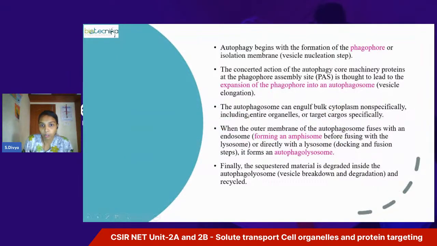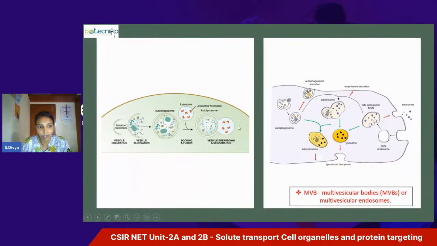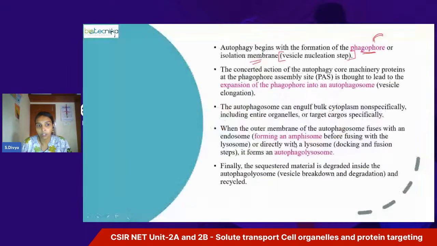See, autophagy begins with the formation of the phagophore. Phagophore is a double membrane structure, or we can say an isolation membrane. That is the vesicle nucleation step that we have seen in this image. After that, what happens?